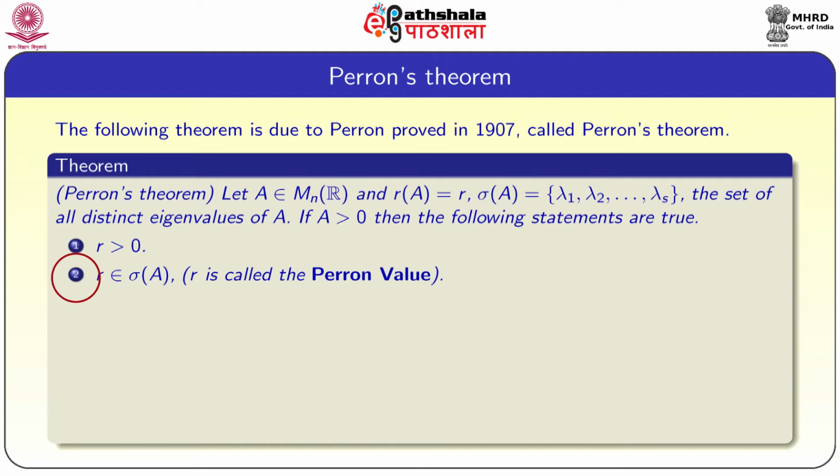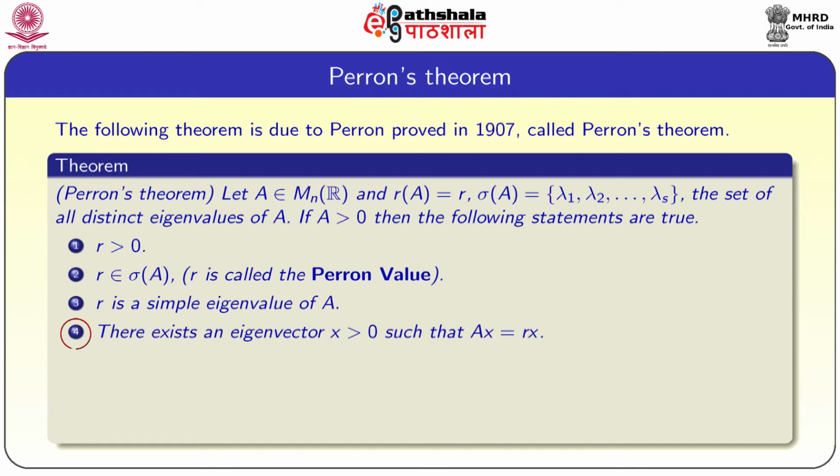r is greater than 0, that means the spectral radius is greater than 0, and r belongs to sigma of A, the spectrum of A or set of distinct eigenvalues of A, that means the spectral radius becomes an eigenvalue. So r is called the Perron value. r is a simple eigenvalue, that means its algebraic multiplicity is 1. There exists an eigenvector x greater than 0 such that Ax equal to rx.